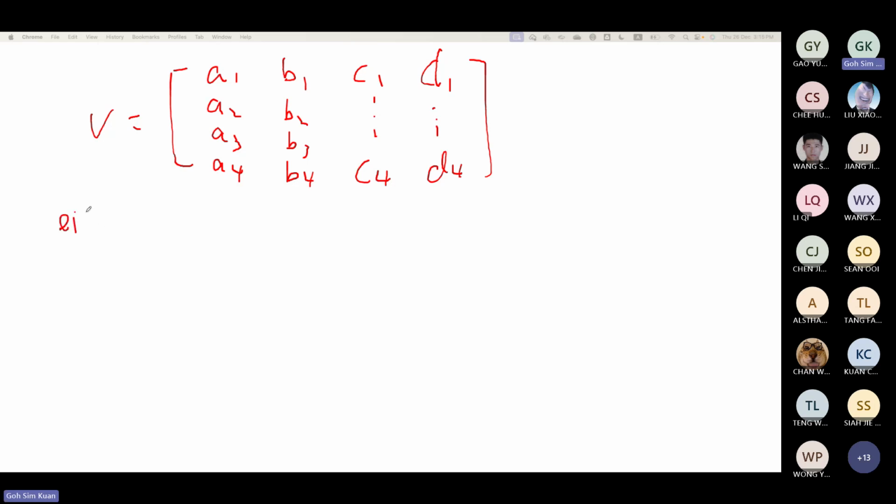Let's say we have four eigenvalues here. I will just call them E1 to E4. E1 to E4 have been sorted in non-increasing order, which means E1 is larger than E2, E2 is larger than E3, and E3 is larger than E4.